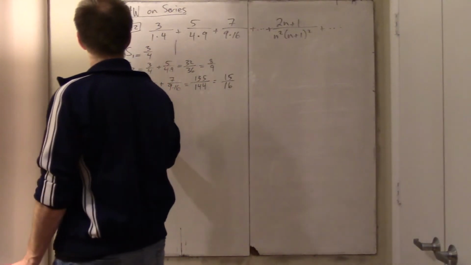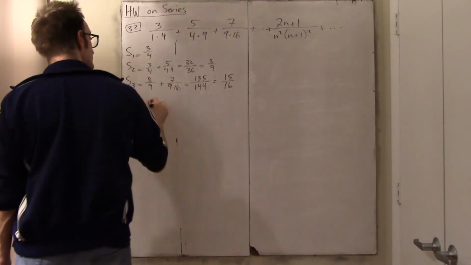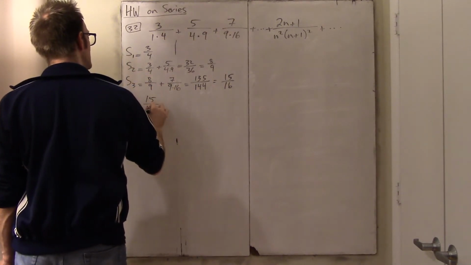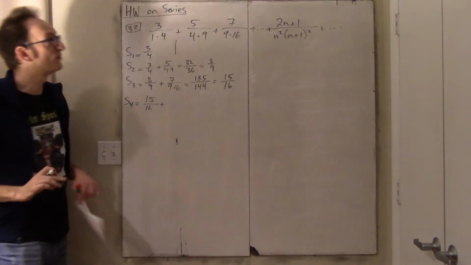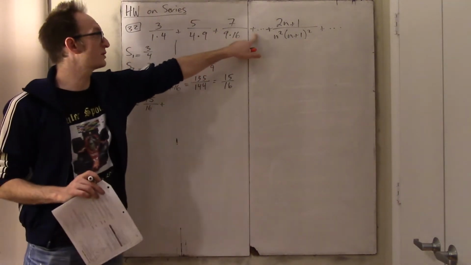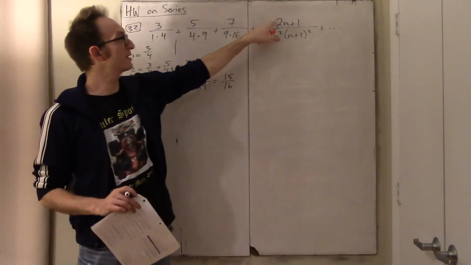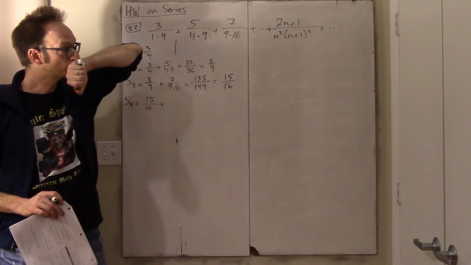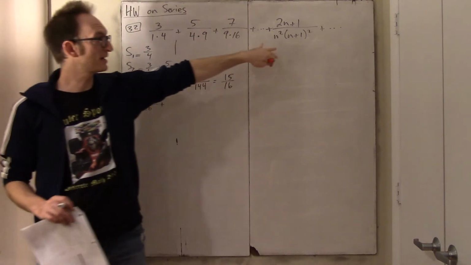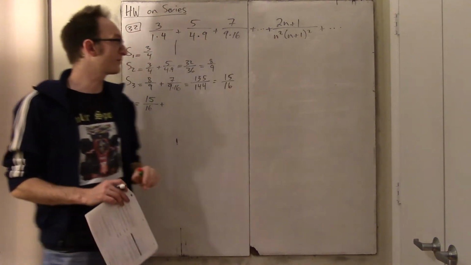Okay, and now what's the sum of the first 4 terms? Well, it's going to be 15/16 plus, what is the 4th term of this series? Well, they don't give it to me, but the numerator is going up by 2 every time. It's basically the odd numbers. And the denominator is like consecutive perfect squares.